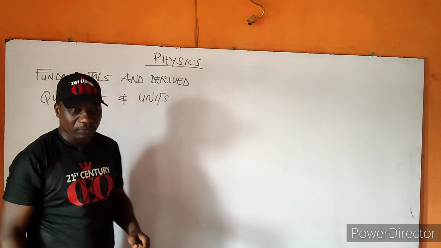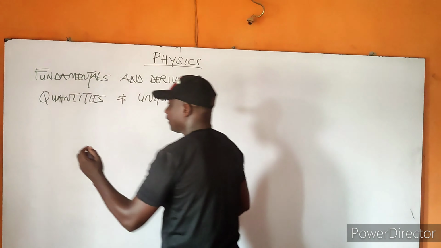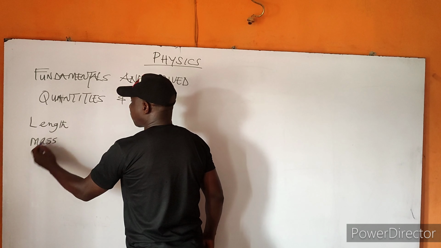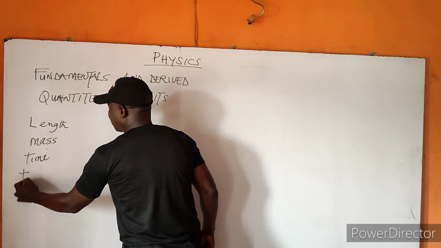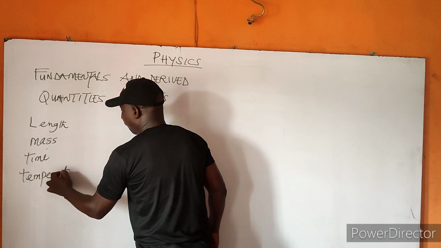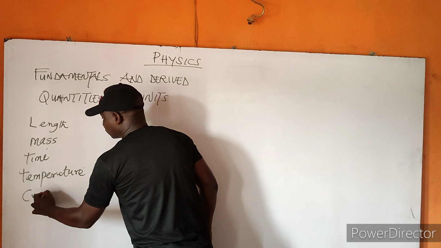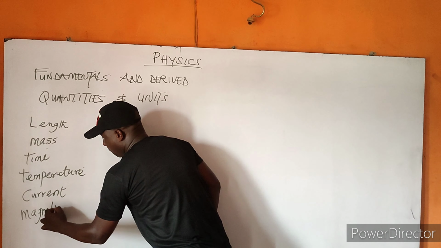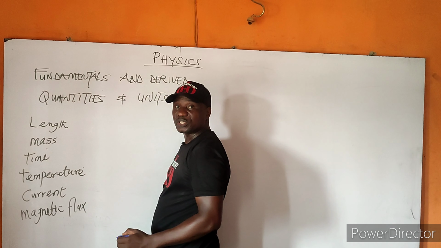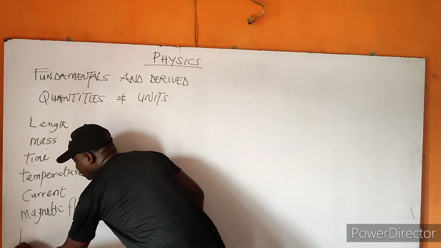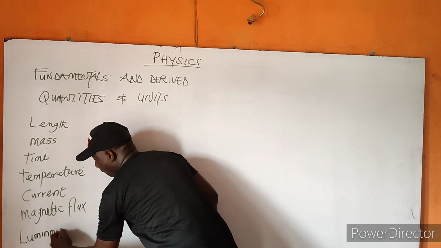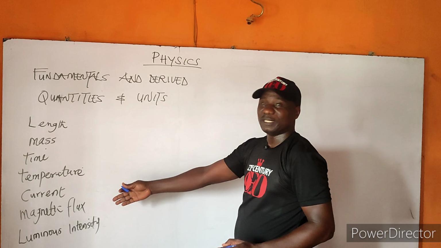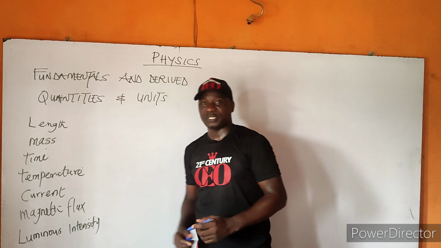Examples: we talk of length, mass, time, temperature, current, magnetic flux, and of course luminous intensity.